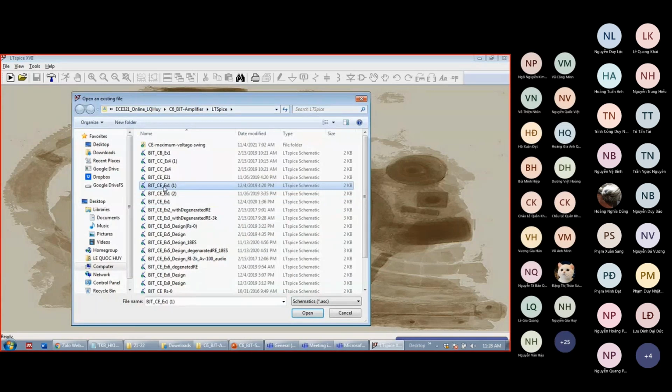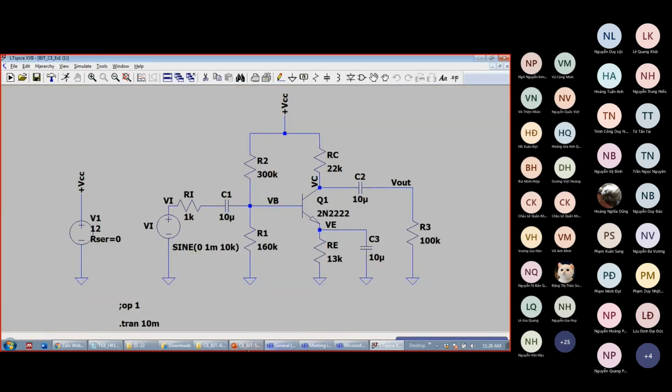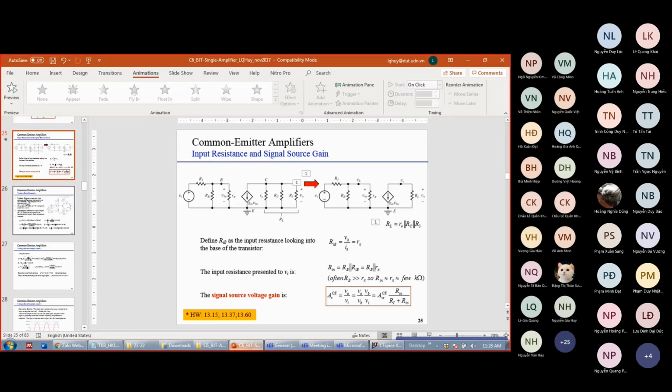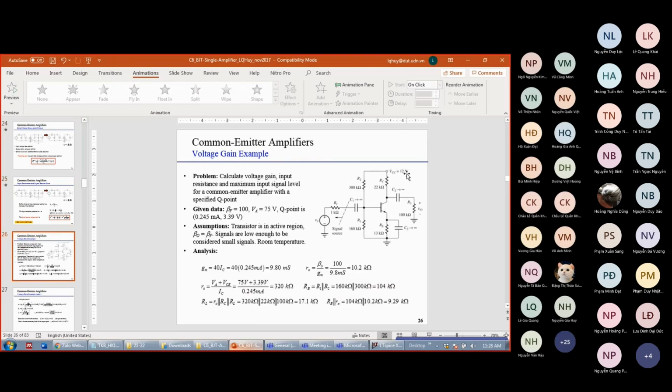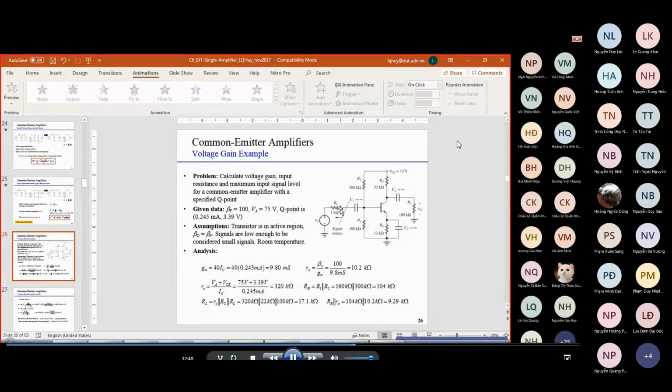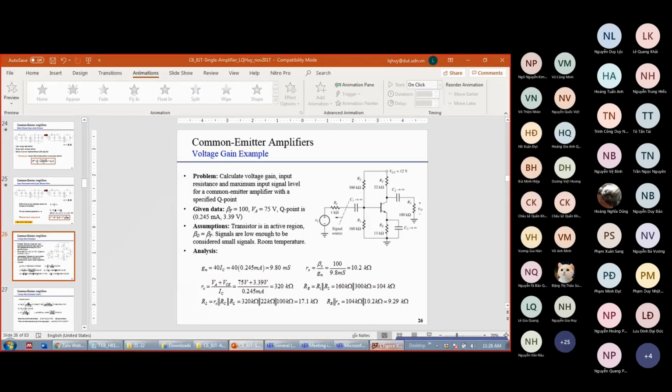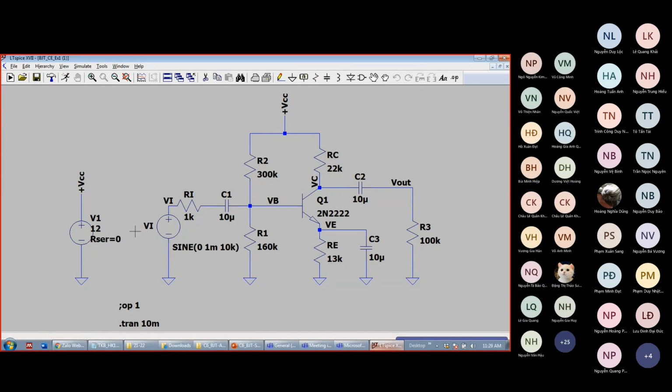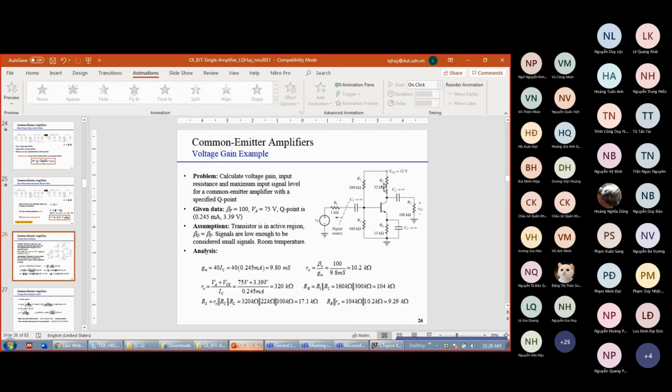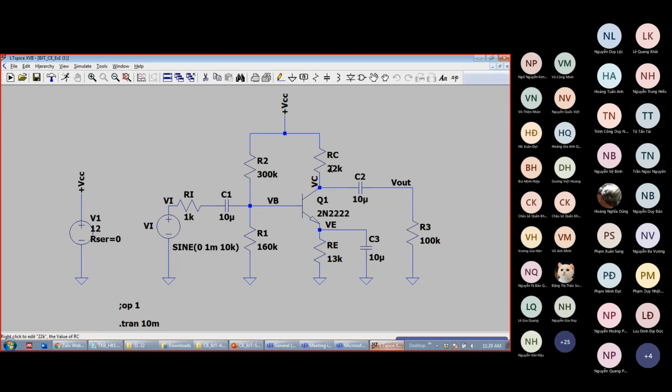So let's check the values. Power first: the power supply is 12 volt, and the signal source has internal resistance 1 kilo ohm, 300, 160. How about RC 22, RE is 13, and the load is 100.